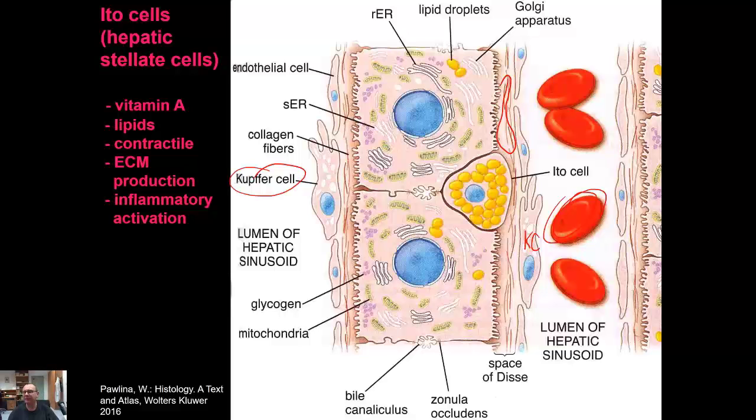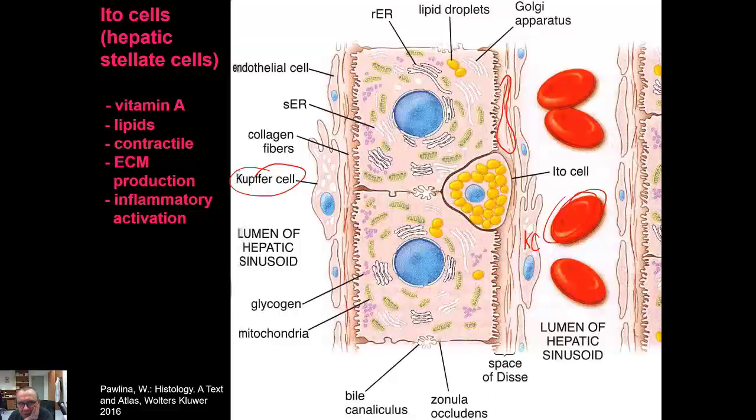Ito cells are called also hepatic stellate cells, as is here written. They are not so many in the liver, and when filled with lipid droplets, they are recognizable. It is easy to recognize them. They are storing lipids.